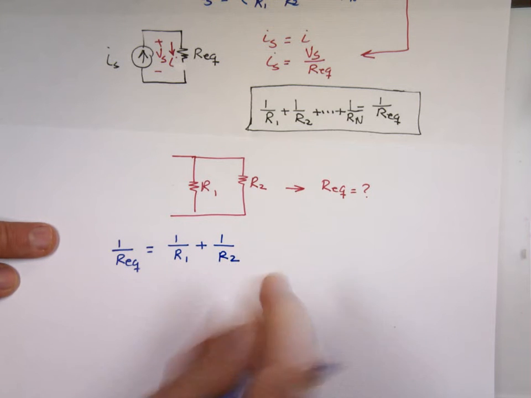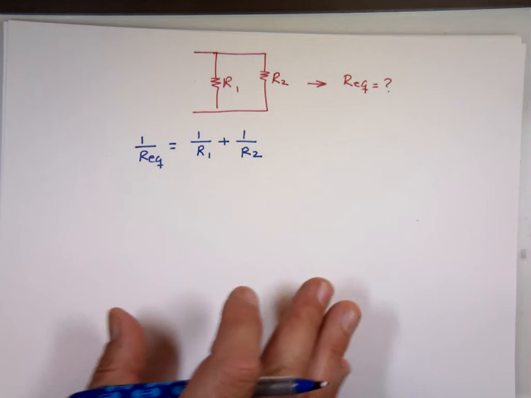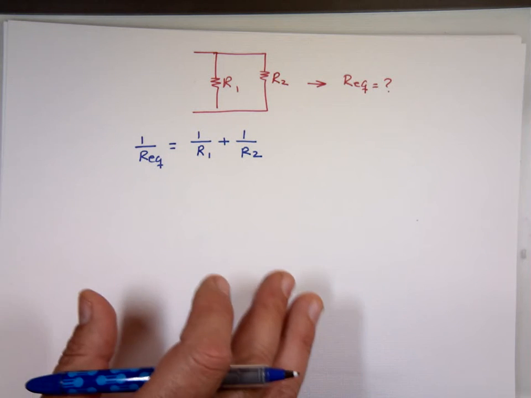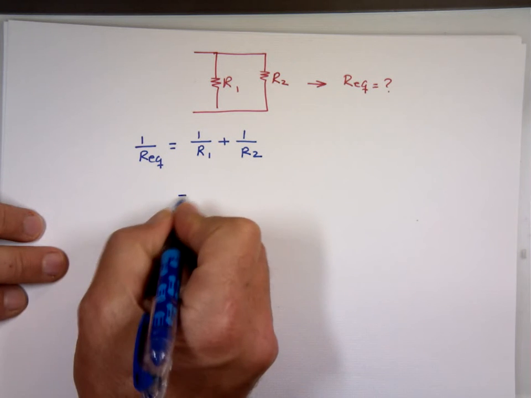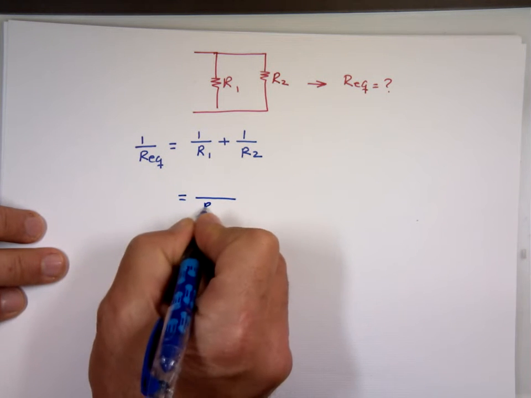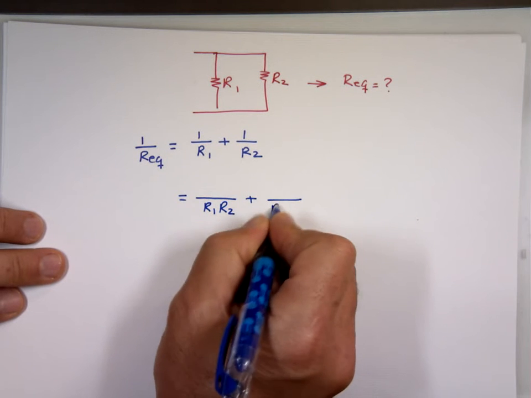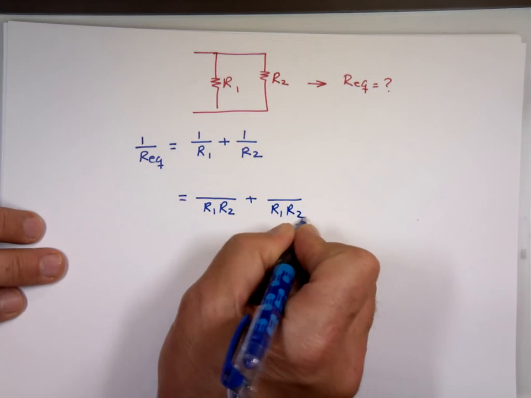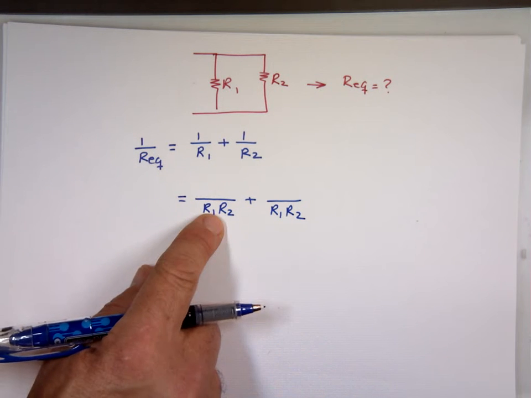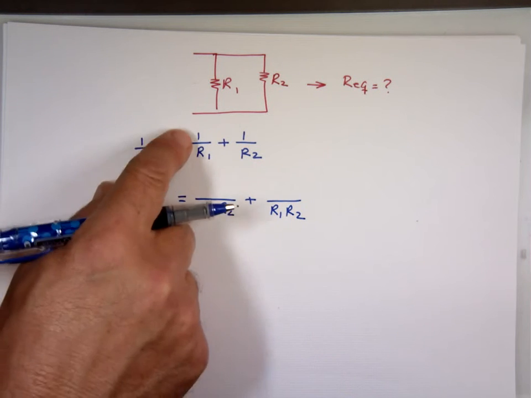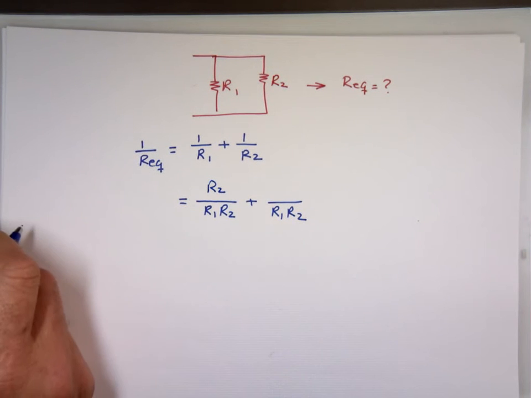Now, if I want to add these two, what do I need? Mathematically, what do we need? Common denominator, which is what? R1 R2. These are fractions. I need to multiply R1 by R2 to make it look like this. You multiply the 1 by R2, this will be R2 over R1 R sub 2.